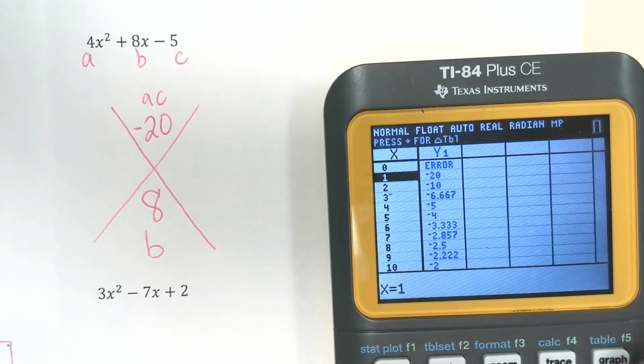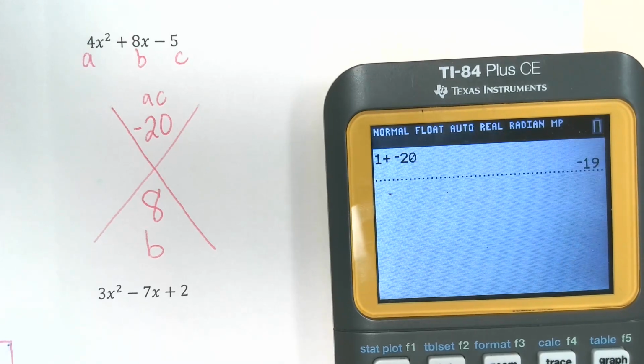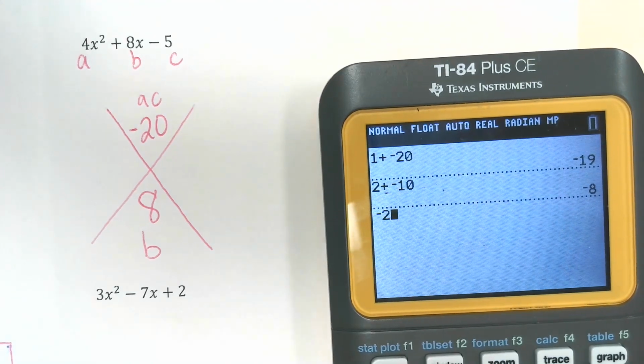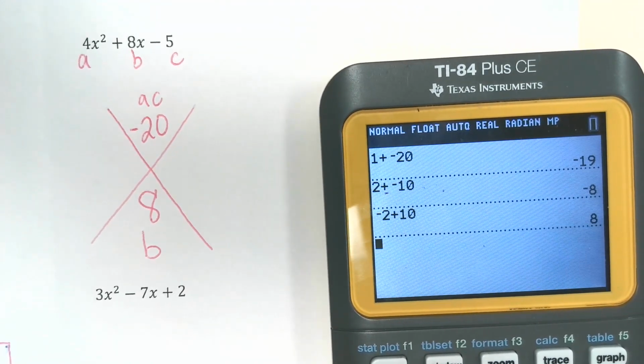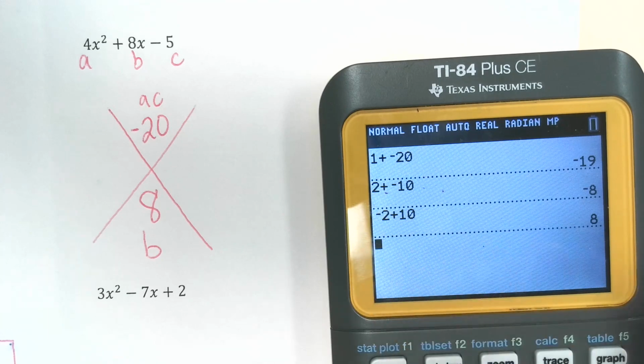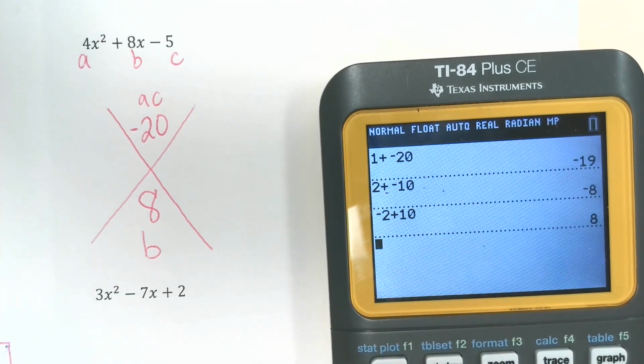Then hit second graph to go back to the table. 2 and negative 10. 2 plus negative 10. It's 8, but it's the wrong sign. So that tells me those are my numbers, but I need to flip the signs. So I'm going to do negative 10 plus positive, or negative 2 plus 10. There we go. See, once you find your number, you just switch your signs if it's not right.